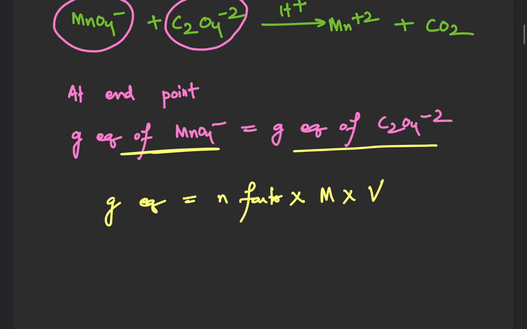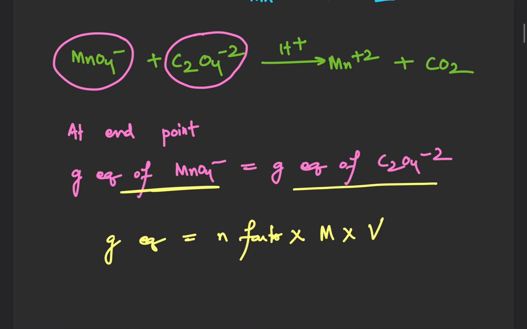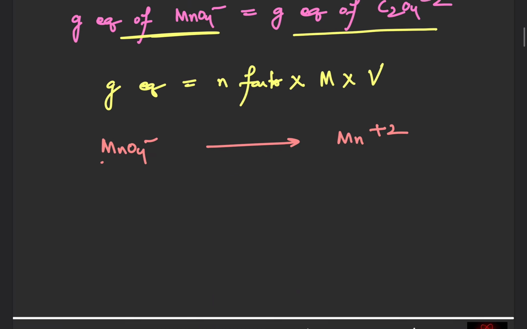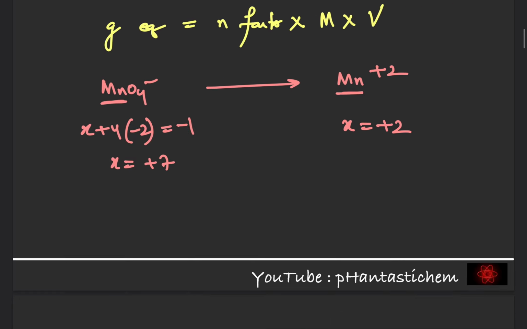For MnO4-, it is changing to Mn2+. Let's calculate the oxidation state of Mn in both. x plus 4 into minus 2 is equal to minus 1, so x is plus 7 here and plus 2 here. So n factor is equal to modulus of 2 minus 7 into 1, since 1 Mn is undergoing change.